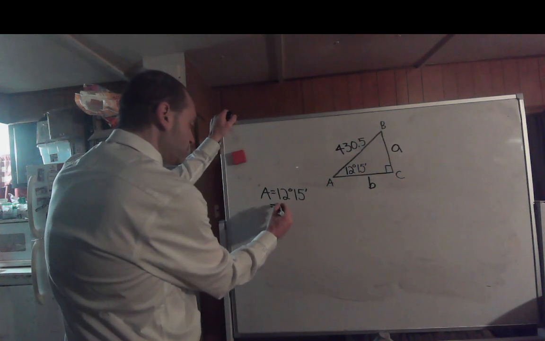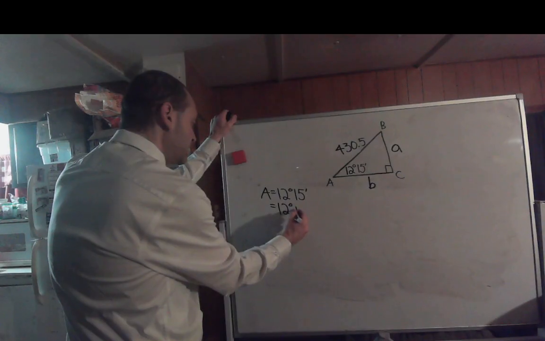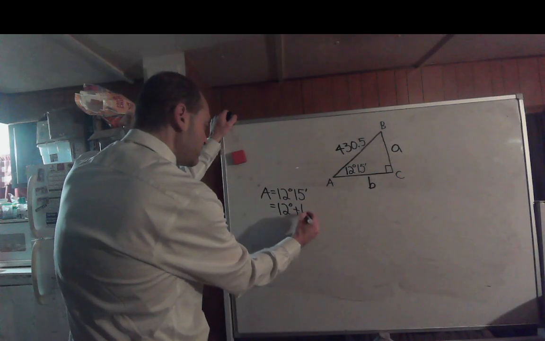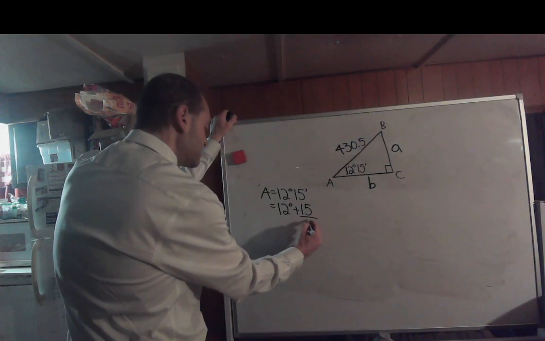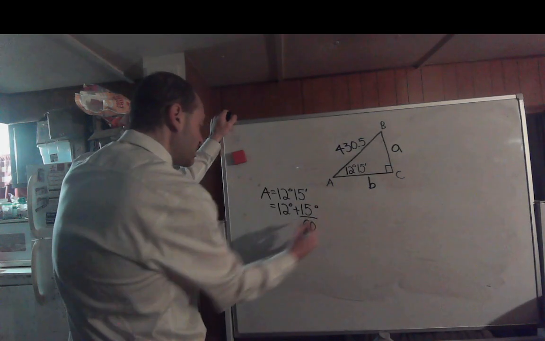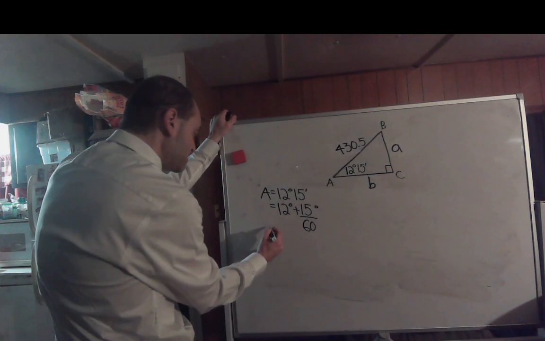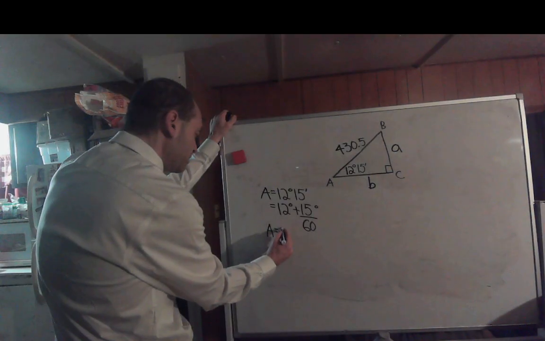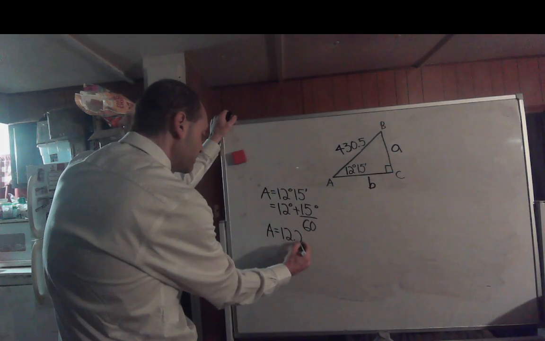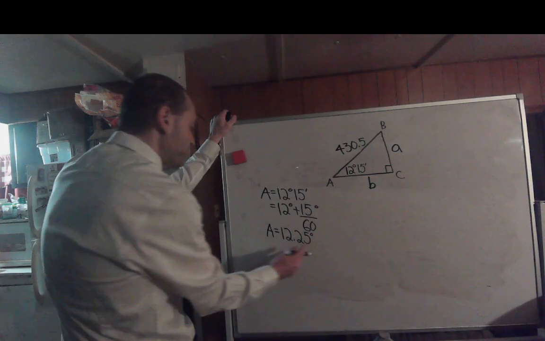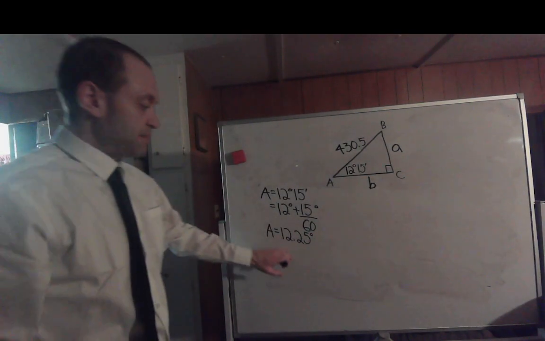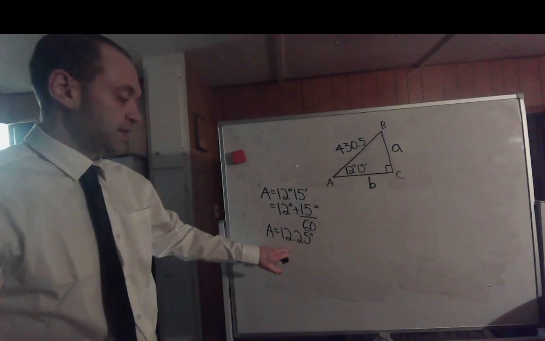So that's equal to 12 degrees plus 15 minutes, which is 15 out of 60 degrees. Well, what's 15 out of 60? That's a quarter, right? So that means that angle A would equal 12.25 degrees.